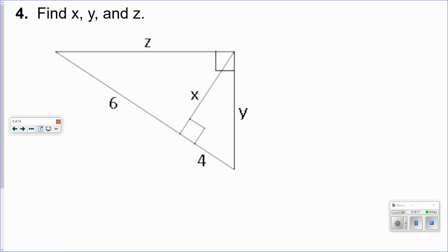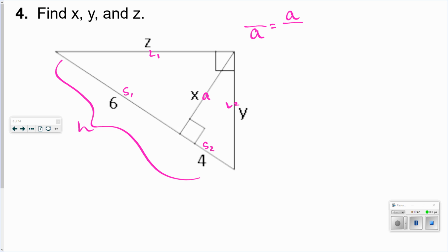First thing I do, especially in the beginning, is just go through: here's our altitude, there's our leg 1, here's leg 2, here's segment 1, here's segment 2, and our hypotenuse. And then also just writing our different options. One of our proportions uses the altitude, and when it uses the altitude, it uses the 2 segments with it.